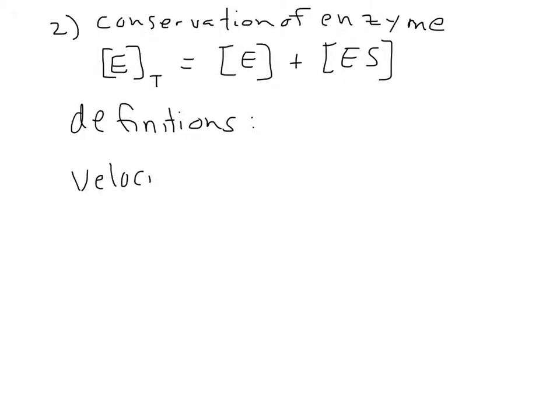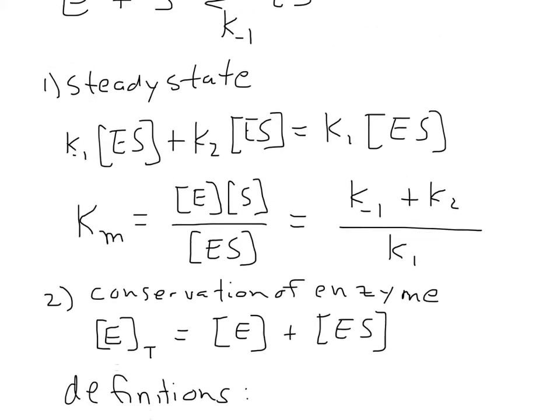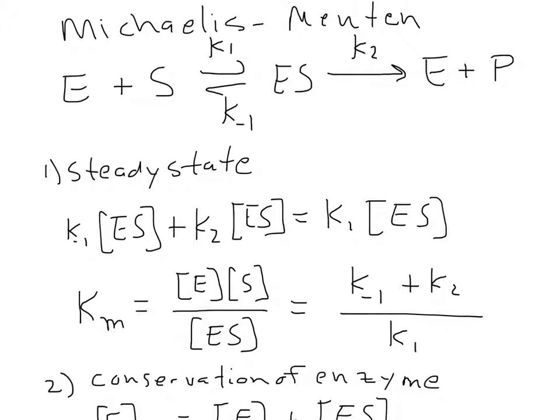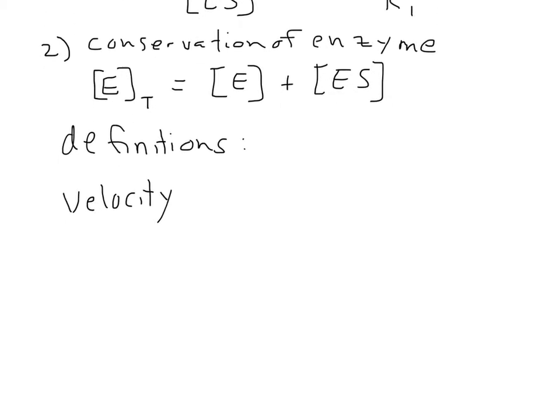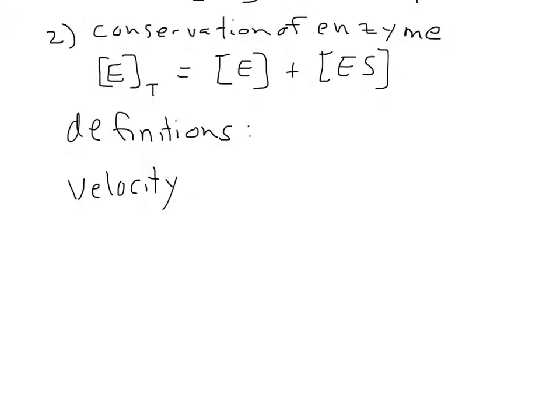If you look back at this reaction scheme, the only place that the product comes from is this reaction here, and its rate will be K2 times the concentration of ES. That will be the rate of product formation. So that's what we're interested in. How fast is the product formed, right? So the reaction velocity here will be the rate of product formation, which will just be K2 times the concentration of that complex.